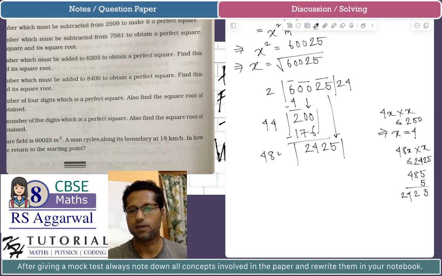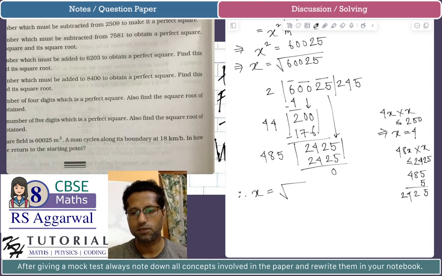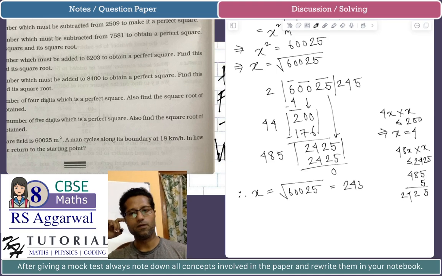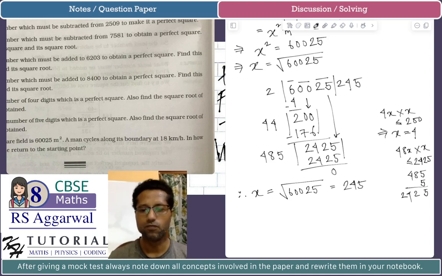And 5 will also get appended to the quotient 24, making 245, and 485 multiplied by 5 is 2425. The remainder becomes 0. There are no more periods. Therefore, x, which is the square root of 60025, is equal to the current quotient, that is 245. So the side of the square field is 245.